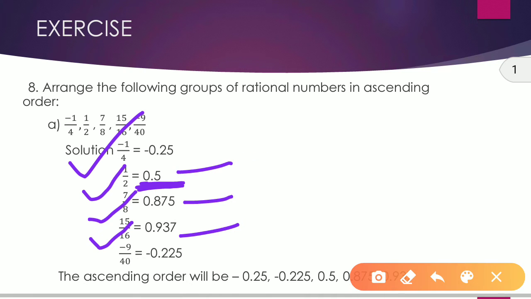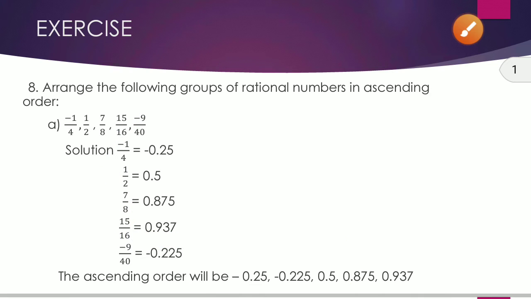Therefore, in the third place we write 0.5. After that, 0.875 is smaller than 0.937. So we write here 0.875 and in the last the greater number, which is 0.937. This is your ascending order.